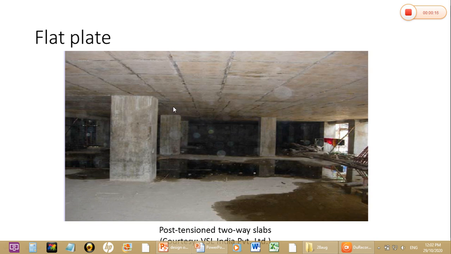So from this picture it is clear that we haven't seen any beams over here, and at the top of this column, or at the junction between the slab and column, there is no extra projection provided. Means here only the flat plate of slab is resting on the column. So this type of slab we are going to call a flat plate.